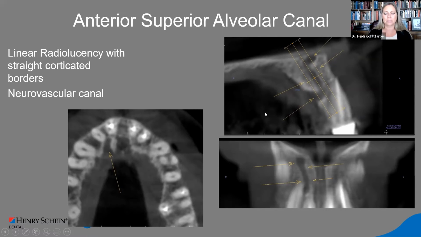So we do see that. And you'll notice that this is a rather large canal. So obviously a nice neurovascular canal, nice linear hypodensity with corticated borders. It extends right down. Now, we do need to be careful with some of these. Something that is this large could cause issues if our implant is placed within that neurovascular canal. And so there's a size requirement when we're talking about possibility of impingement on neurovascular canals.